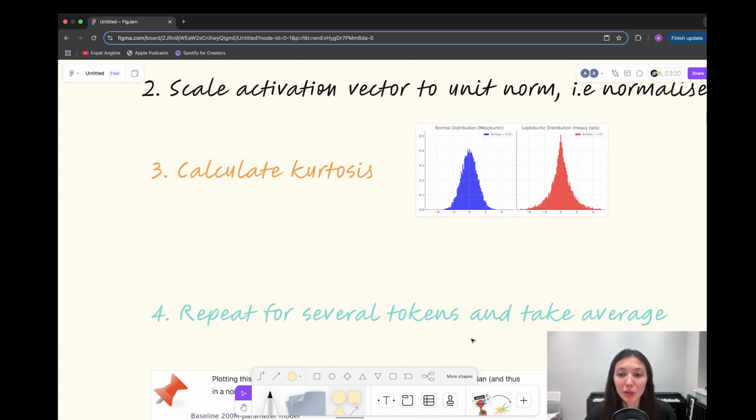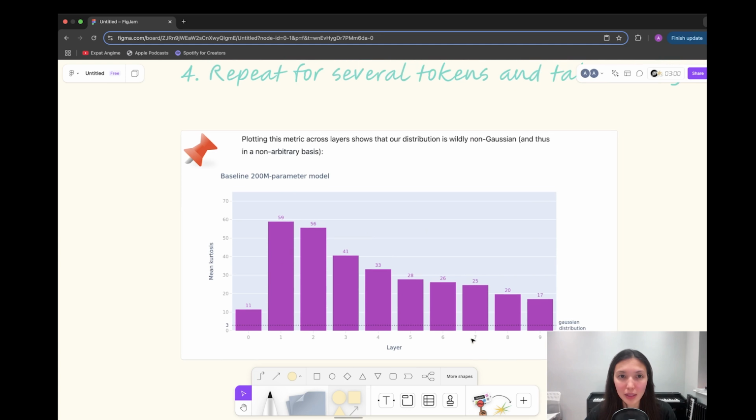The team at Anthropic shared with us the plot they created where they measured the kurtosis for each layer in their own 200 million parameter model. And you can see that the values are very large, signaling the outliers.